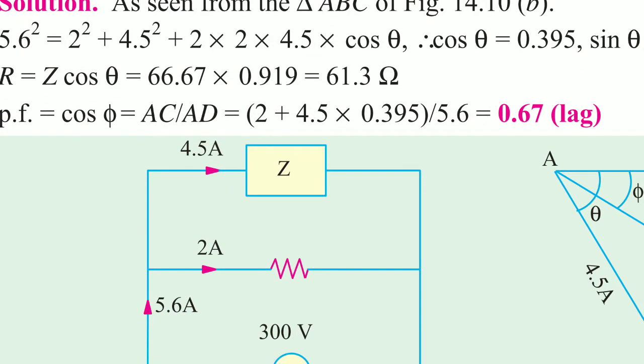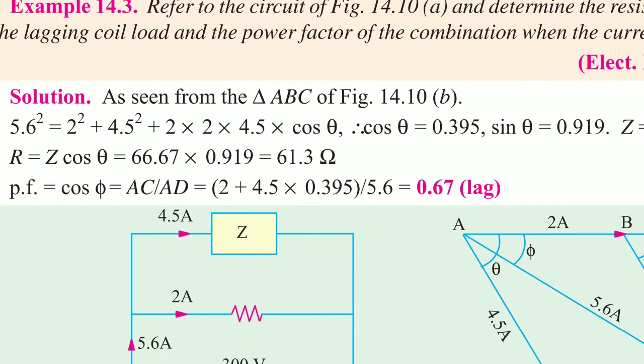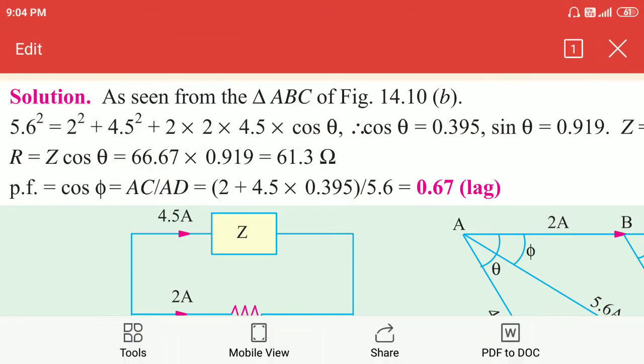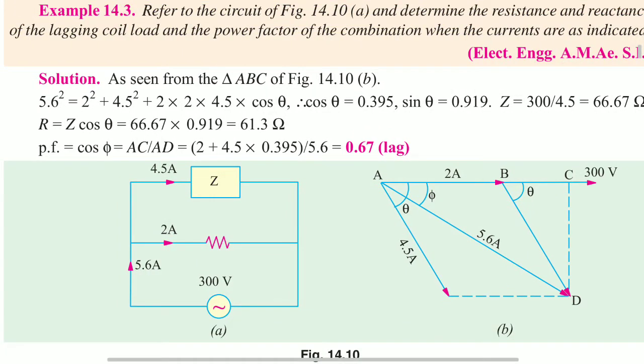So now see here, as seen from figure 14.10b, the resistance current 2 amps is along the x-axis and another branch current 4.5 amps is lagging by an angle theta, and this 2 amps and 4.5 amps will result in 5.6.